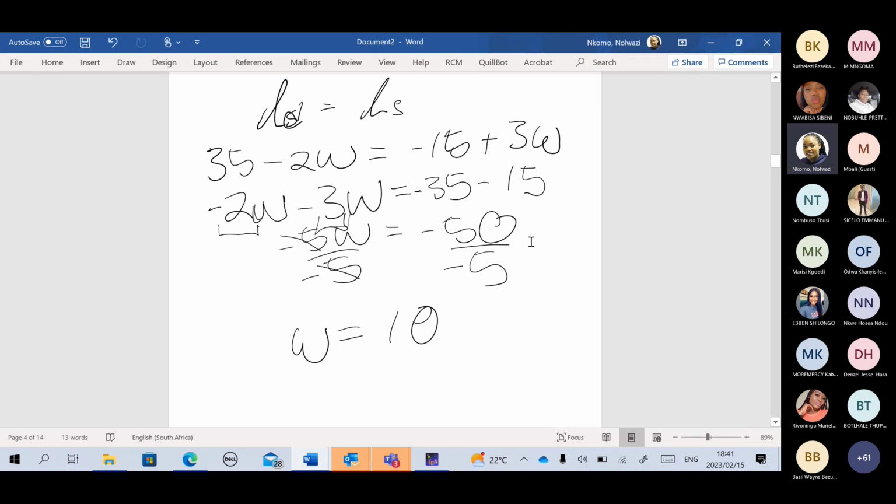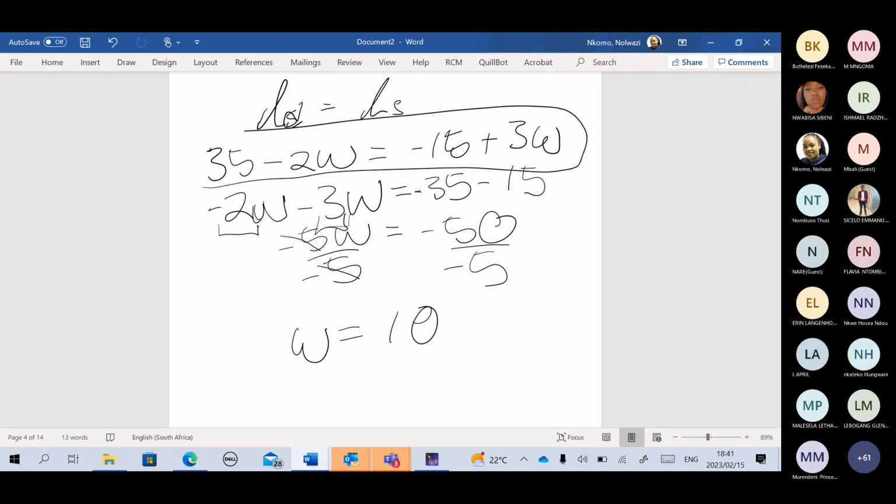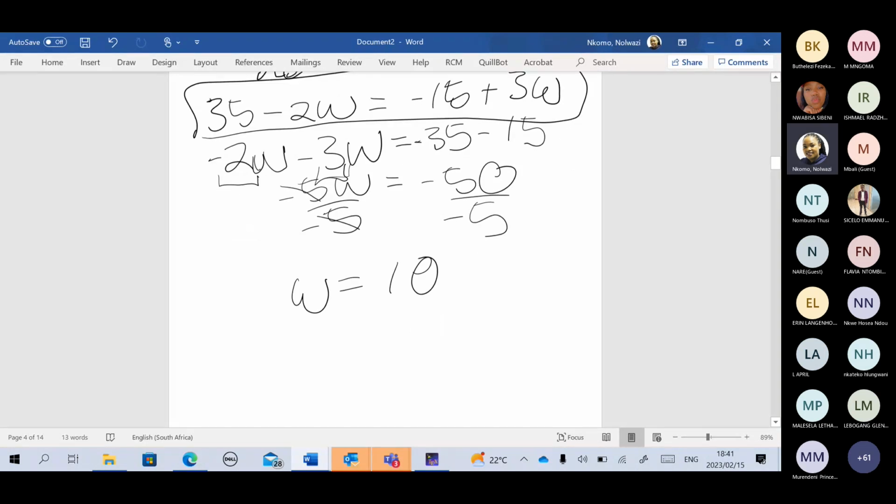Okay, you see from this step, you can just take 15 to this side and take 2W to that side, right? I have 35 on this side, but minus 15 is on this side, so I'm going to transfer minus 15 to this side, and if I do that, I will have plus 15.